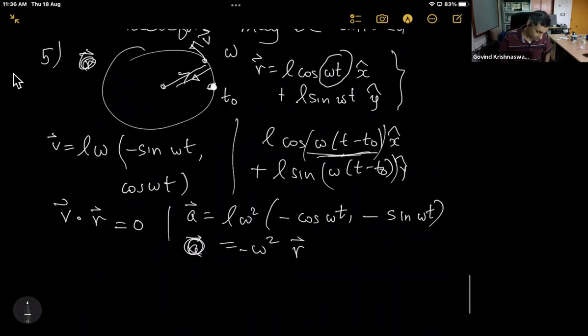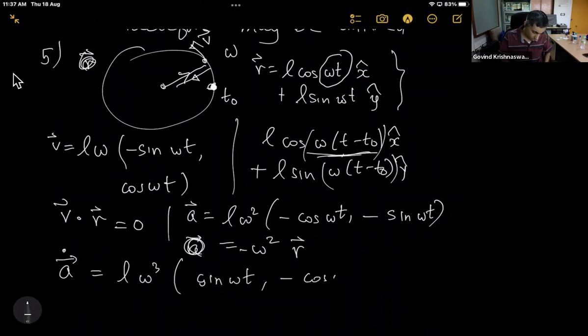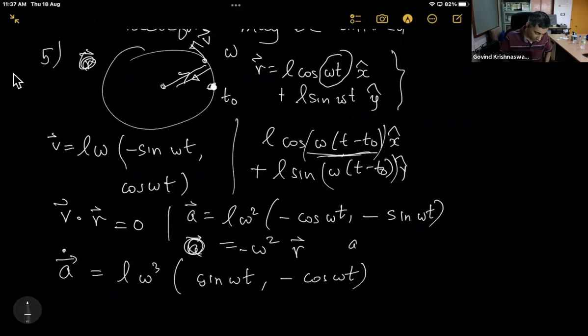Now, finally, we can compute also the jolt vector, A dot. Proceeding in a similar fashion, we get L omega cubed times sine omega t, comma, minus cosine omega t. So this is the third one, or is it the fourth one? Anyway, we observe that of course, A is perpendicular to V, that is also clear.